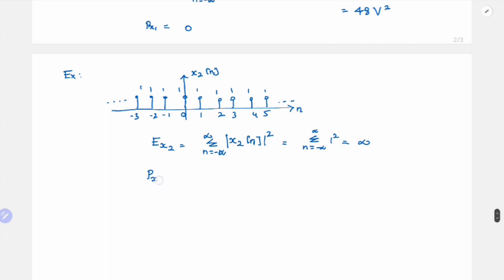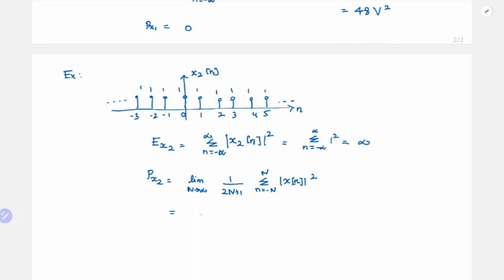So we'll just calculate the power. So my power will be limit N tends to infinity 1 by 2N plus 1 summation n equal to minus N to N 1 square, right? x of n whole square.